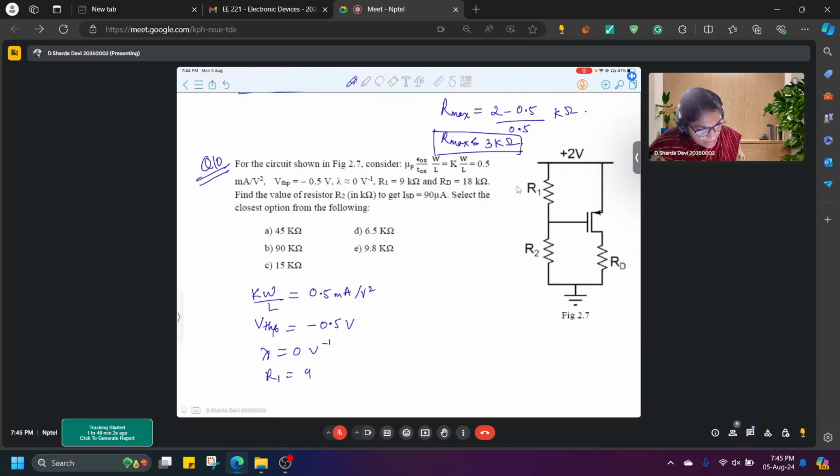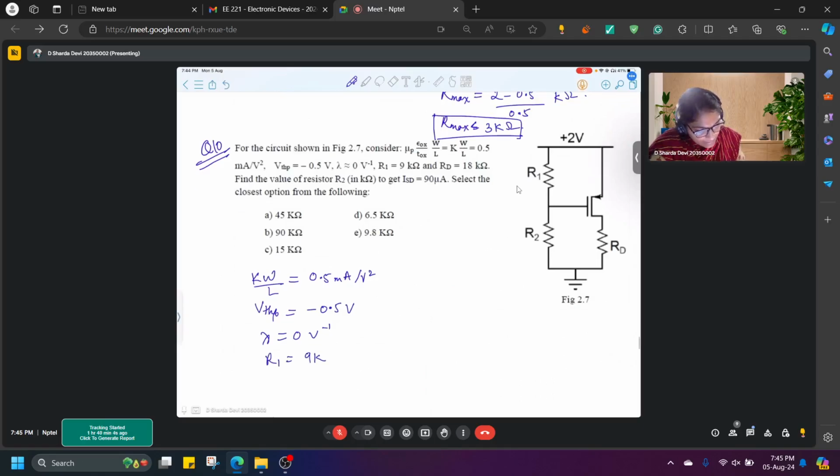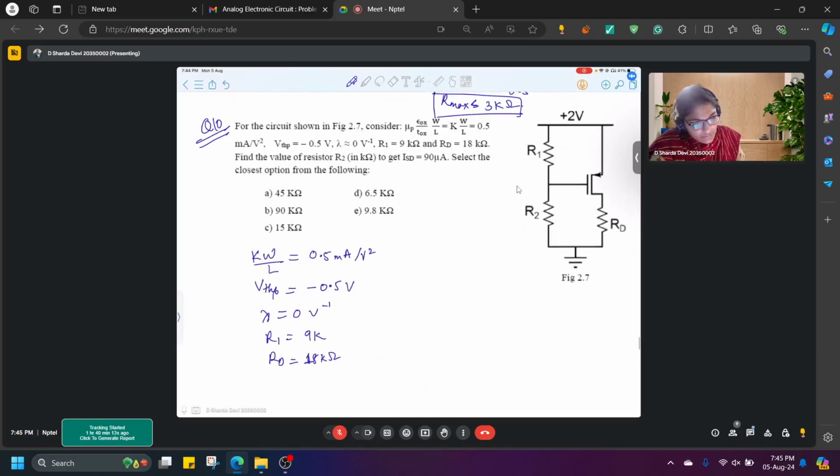R1 is 9K. RD is 18 kilo ohms. So find the value of R2. We have to find R2 such that ISD is 90 microampere. Okay.